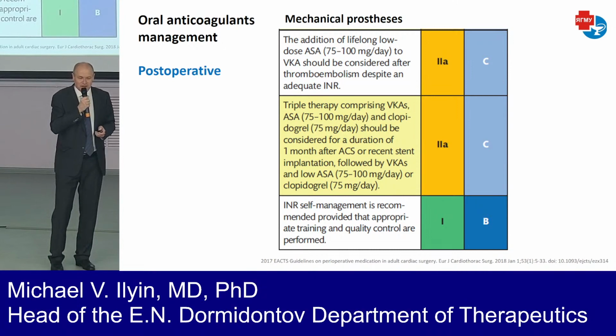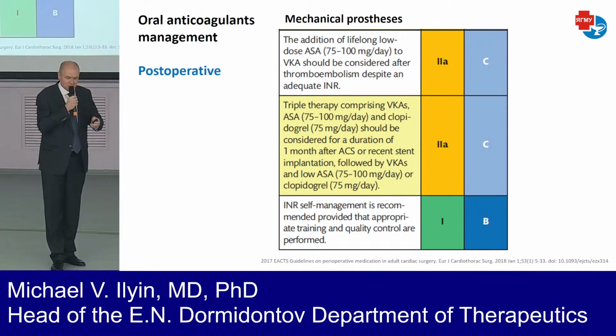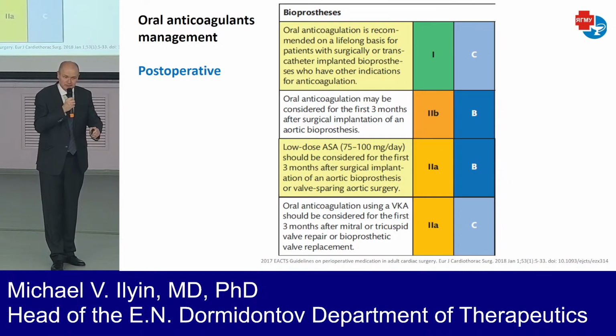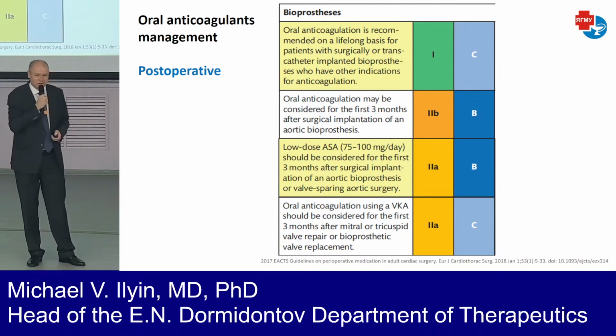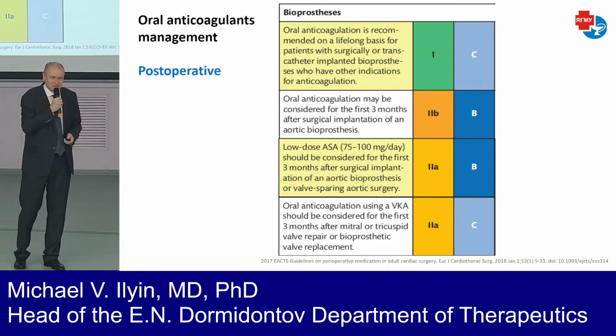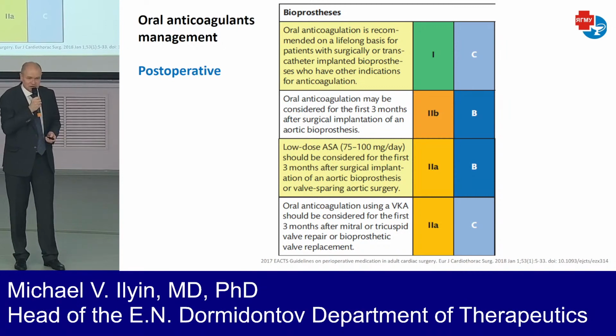And finally, INR, international normalized ratio, self-management is recommended provided that appropriate training and quality control are performed. So we have to control the situation very thoroughly. Bioprosthesis. Oral anticoagulation is recommended on a lifelong basis for patients with surgical or transcatheter implanted bioprosthesis who have other indications for anticoagulation, 1C.